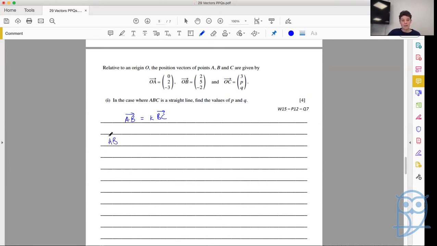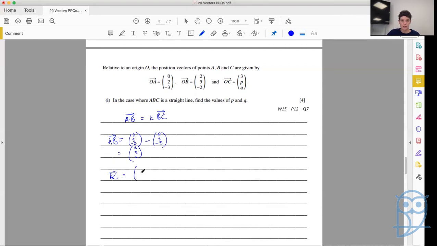AB is going to be B minus A. So 2, 5 minus 2, minus 0, 2 minus 3, which gives us 2, 3, 1. Then we need BC, because we've got to have that unknown in there as well.